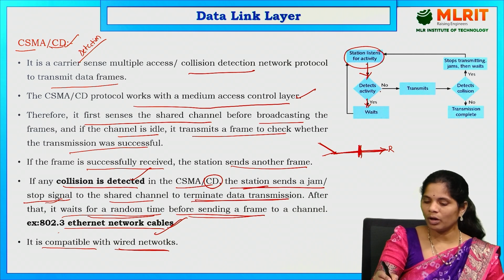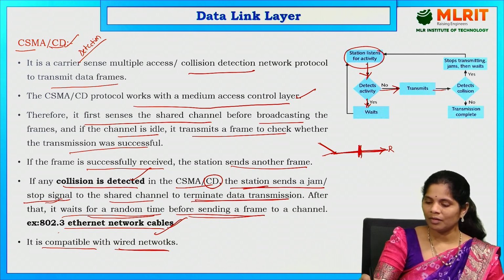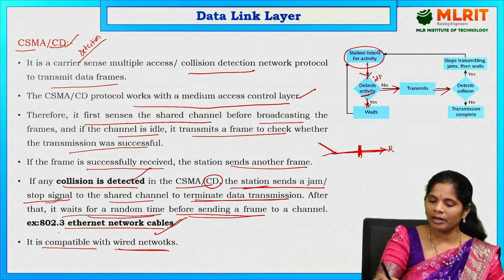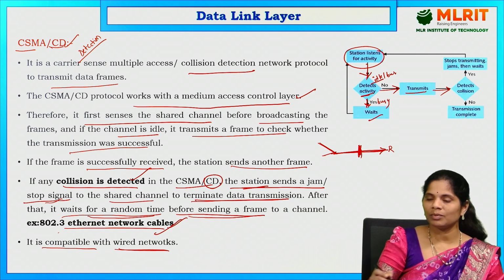If there is no activity, it will transmit the frame. First it checks whether the channel is idle or busy. If it is busy, it will wait some time. If it is idle, it will transmit the frames.